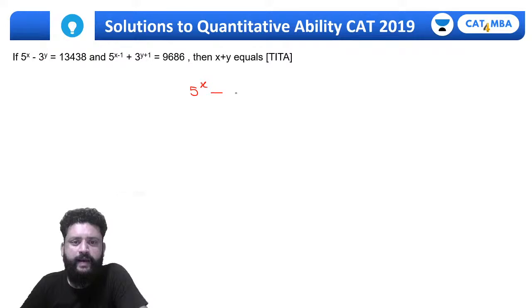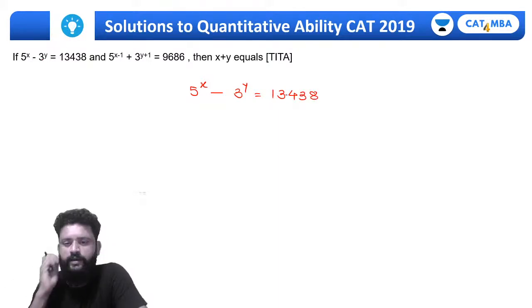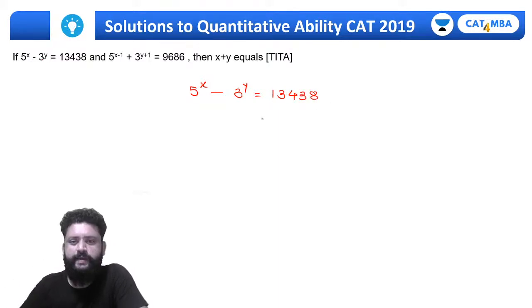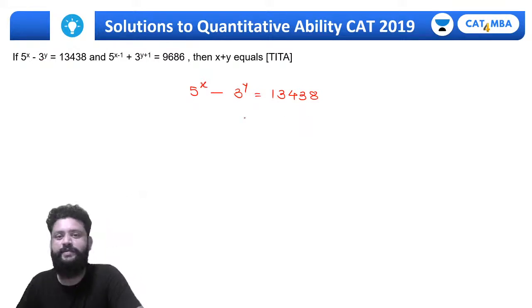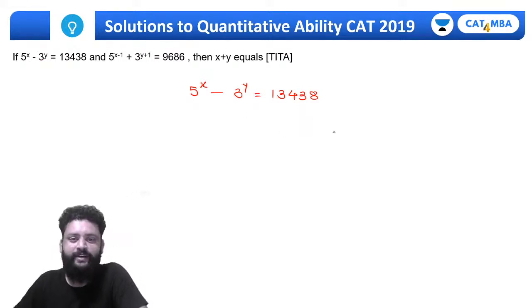5 to the power x minus 3 to the power y is equal to 13438. डेफिनेटली ये स्कूलिंग में तुमने इस टाइप के क्वेश्चंस अलजेब्रा में यूज किए होंगे, जो मैं अभी यहाँ पे करने वाला हूँ. Look at this. This is 5 to the power x minus 1, so this can be written as 5 to the power x upon 5, and this can be written as 3 to the power y into 3.